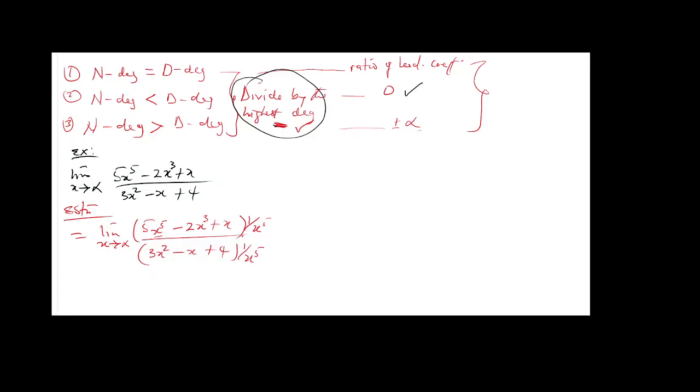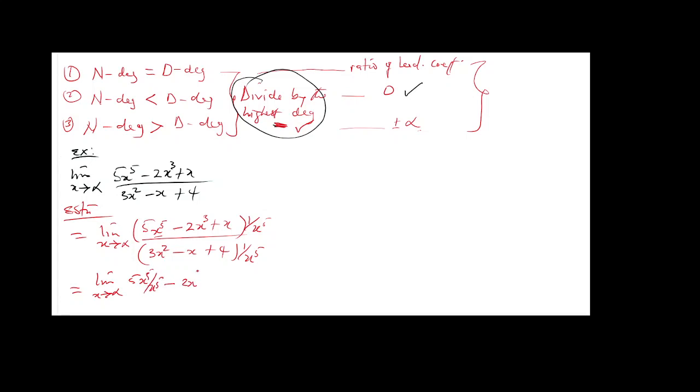And if we distribute, we are going to have the limit as x approaches infinity of 5x to the power of 5 all over x to the power of 5, right?